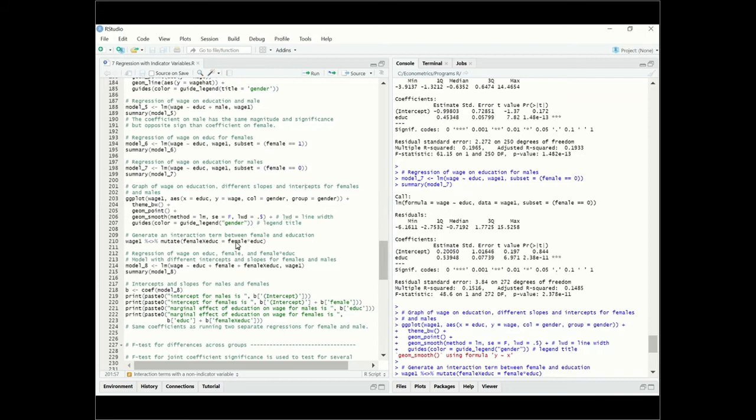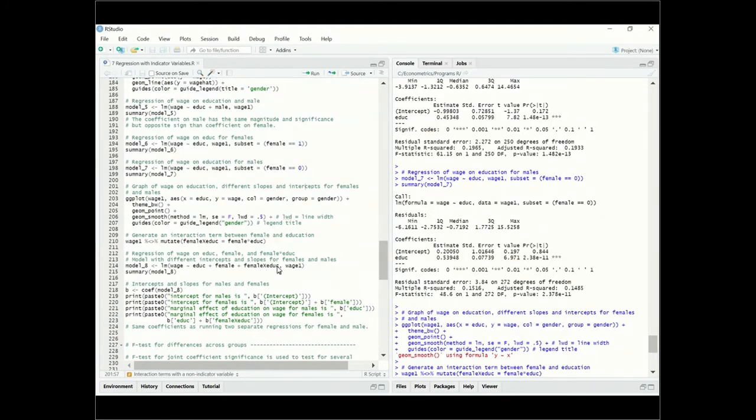We would call this new interaction term female times education. And then let's have a model with wages as the dependent variable, education, female included separately, and the interaction between female times education.